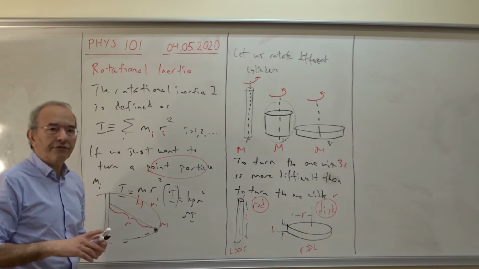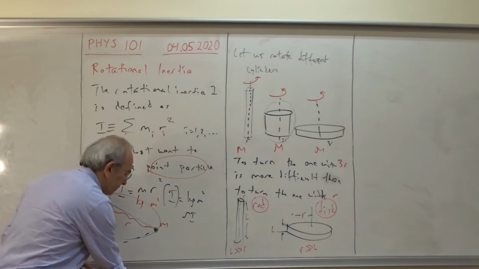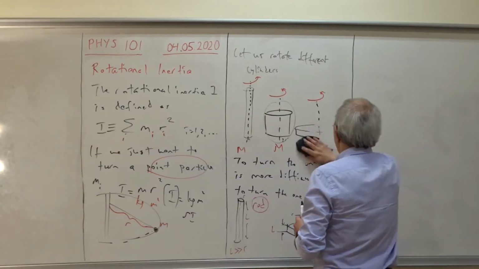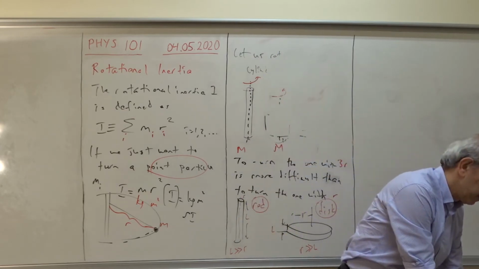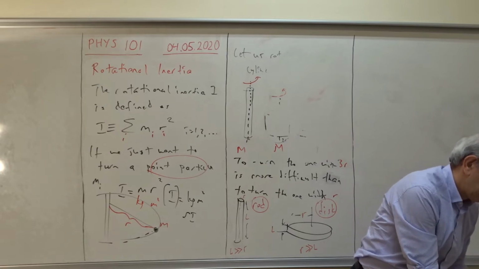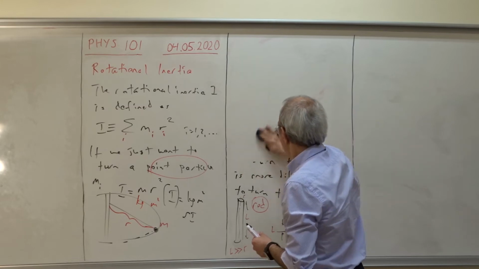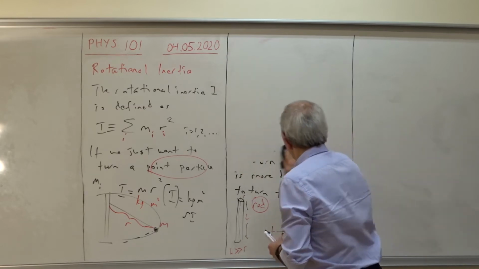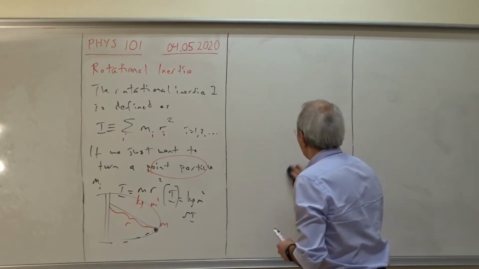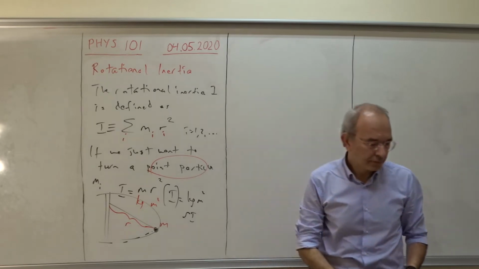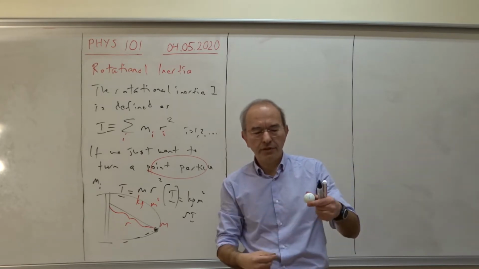If, for example, we have more than one point particle turning around a certain axis, let's say we have another ball, this one we have seen.